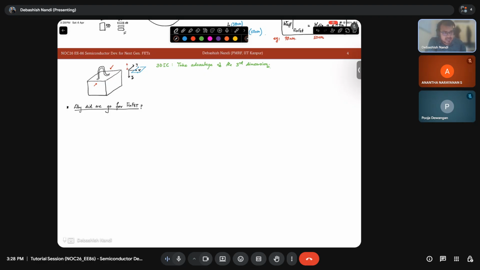Effective W is increasing significantly over a given silicon footprint. But my scaling generally does not concern about W, right? It generally concerns about shortening the length. What about shortening channel length?